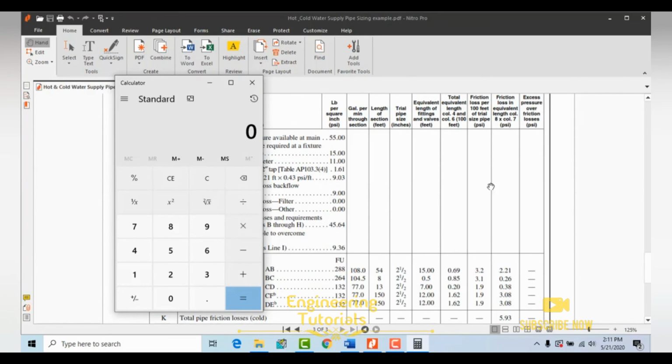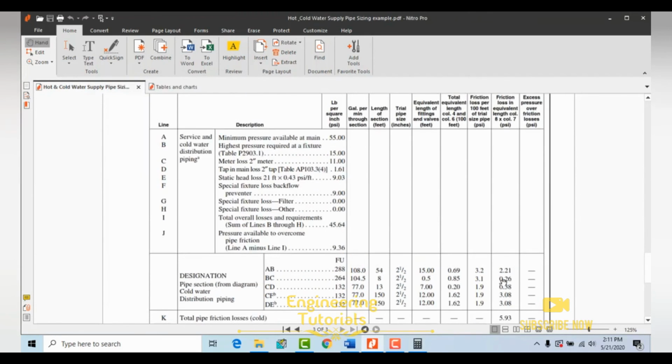So the friction loss in equivalent length will be 0.085 into 3.1, that is 0.26, and 1.62 into 1.9, 3.078, so 3.08. So this is how you have to write these friction losses in equivalent length for each section.